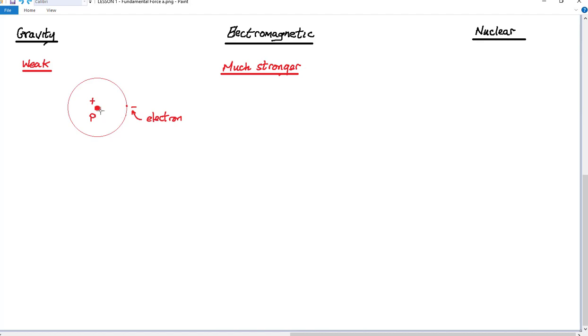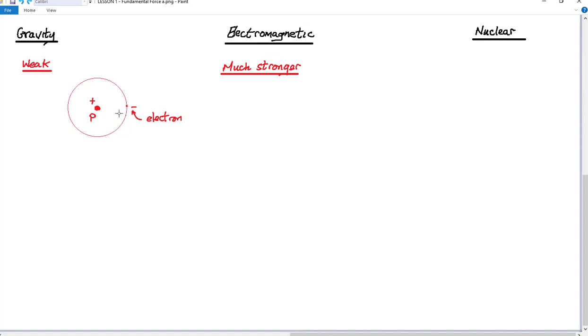Both the proton and the electron have a mass, so there will be a gravitational force exerted between these two particles. At the same time, because they are both charged, the proton has a positive charge and the electron a negative charge, there will also be an electromagnetic force interaction between them.